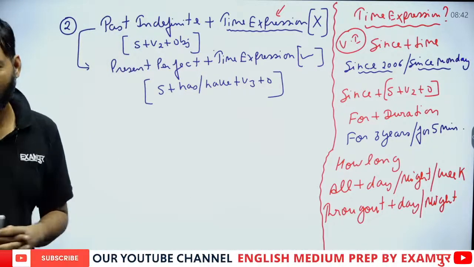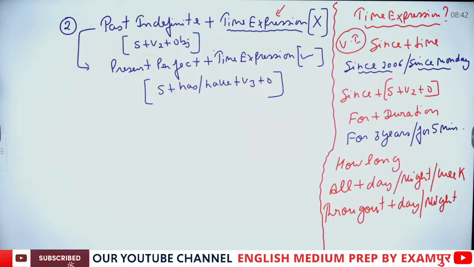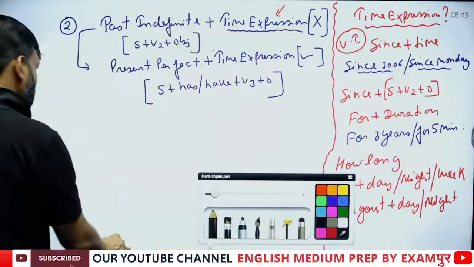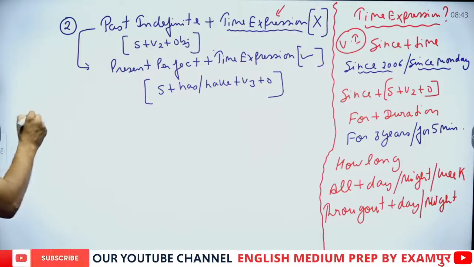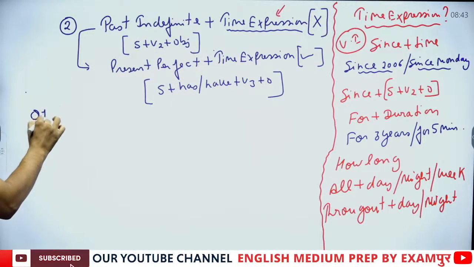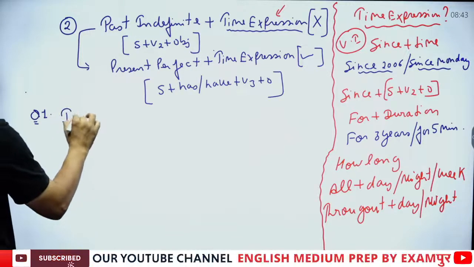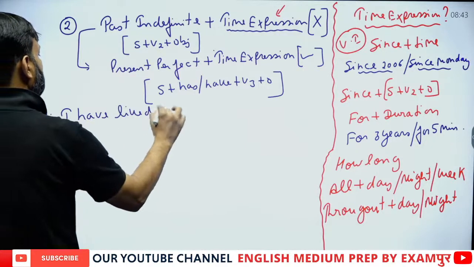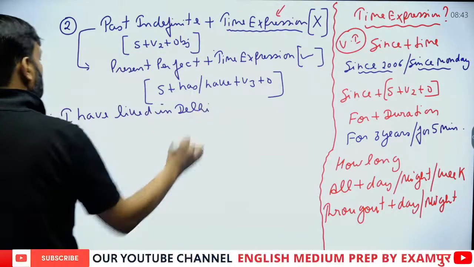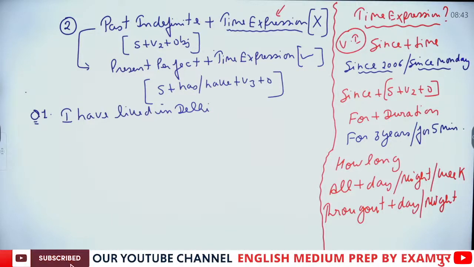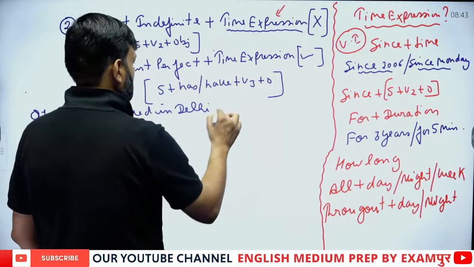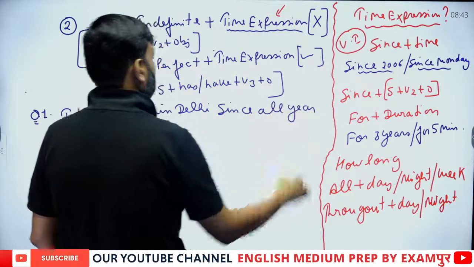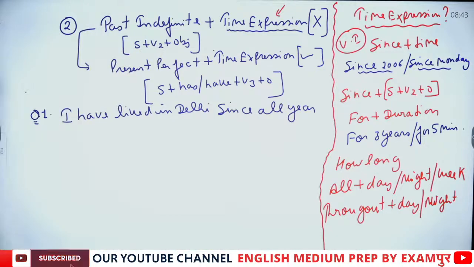Now there are multiple questions that can be asked. Okay, let me give you some examples. Very important questions. Question number 1: I have lived in Delhi since all year.